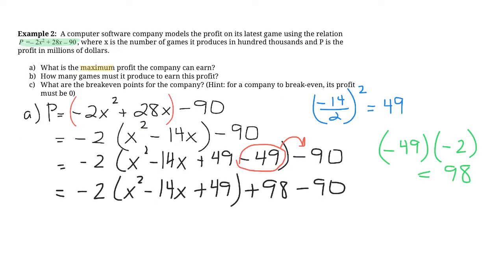So the positive 98 will be on the outside of my bracket along with the minus 90 that was already there. We're now going to collect like terms, so I'm going to take my positive 98 and subtract 90, which is going to leave me with just 8. So the rest of the equation gets recopied.